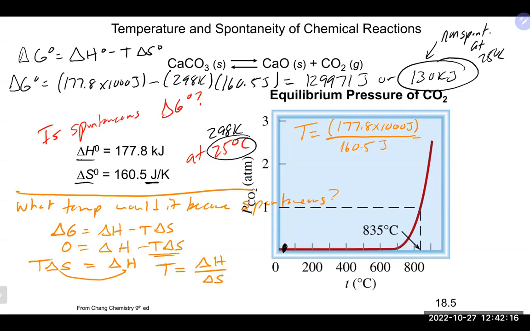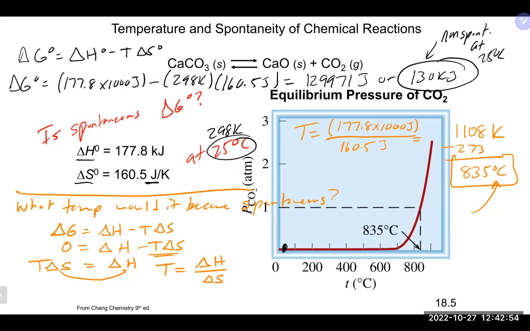When I do that, 177.8 times 1,000 divided by 160.5 gets me approximately 1,108 Kelvin, which if I subtract 273 from gets me 835 degrees Celsius. 835 degrees Celsius is the minimum temperature at which this reaction would become spontaneous.